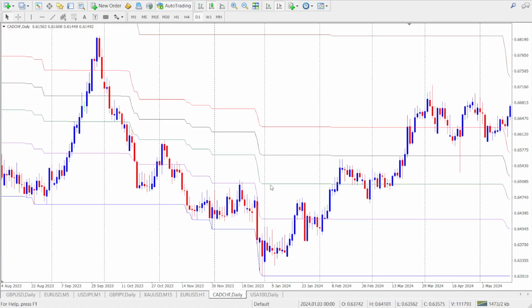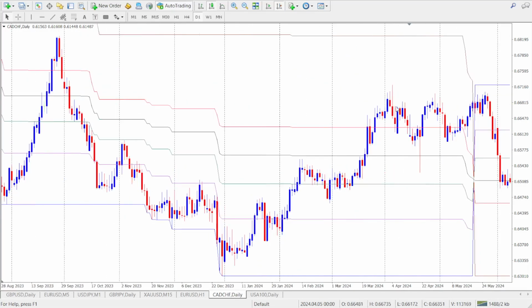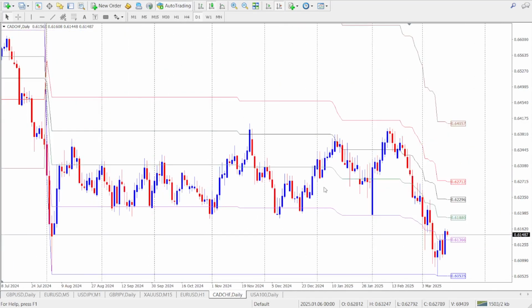Now we can see that we had a breakout from this level, right? So after that breakout, you can see it was a good opportunity to enter a buy, and the price went up all the way to this level. So when that breakout happens, it's a signal to go long. But if a price breaks below a Fibonacci support, like this one that happened here, it was a signal to go short.